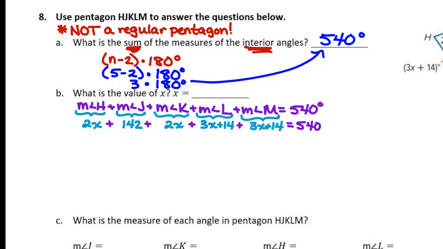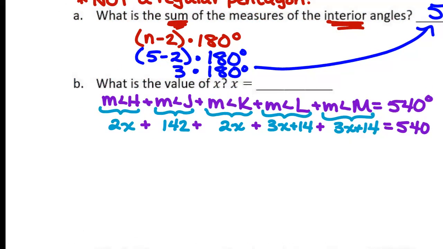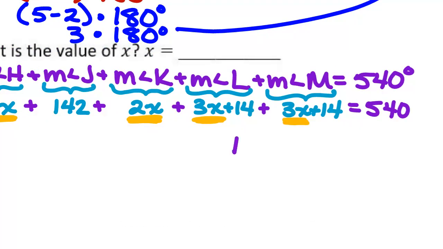All right, we need to come through here now and collect our like terms. So let's collect all the things with x's first. I have 2x and 2x, 3x, and 3x. What do you get when you add 2, 2, 3, and 3? 10x.